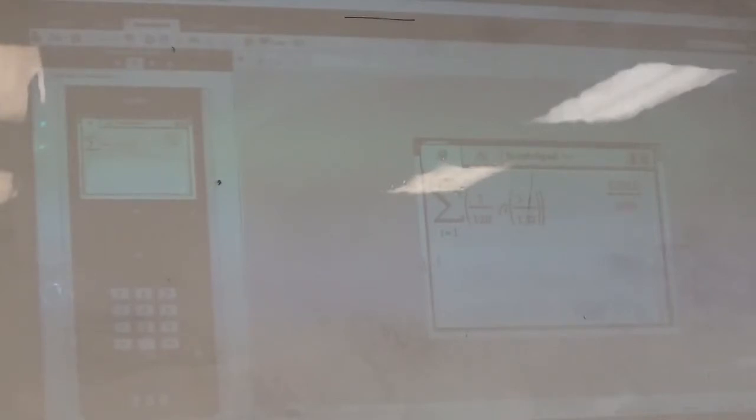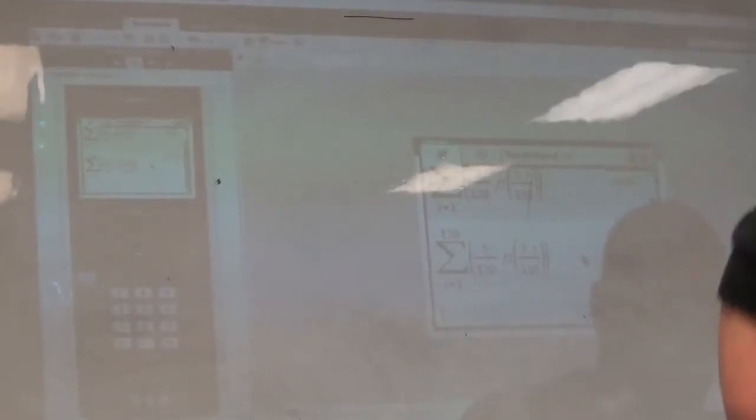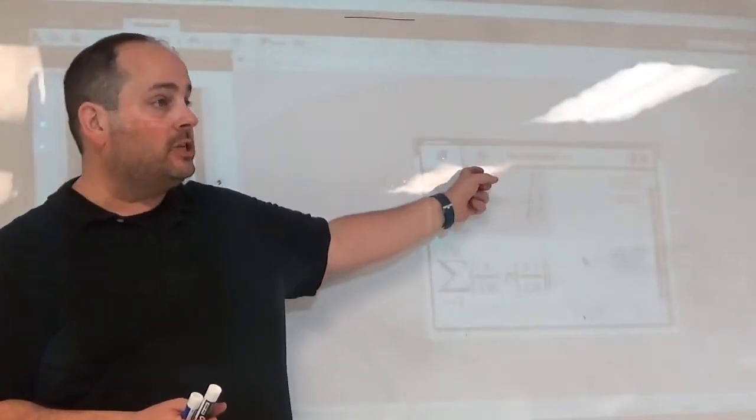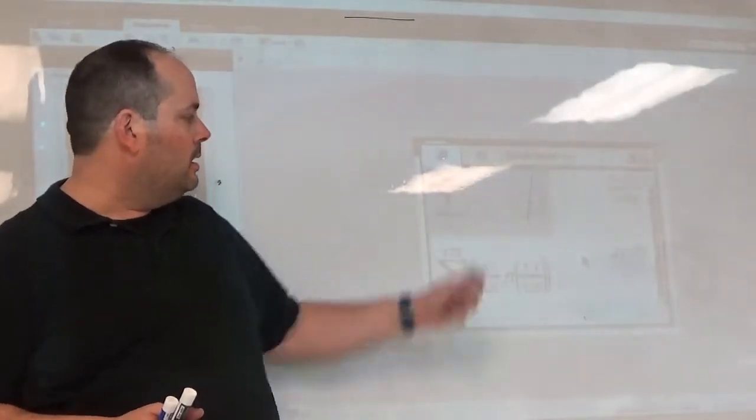So you're getting an exact answer out of your calculator. In order to make this work, you have to have typed in on your graph screen that f1 is 2x squared plus 4x plus 1.